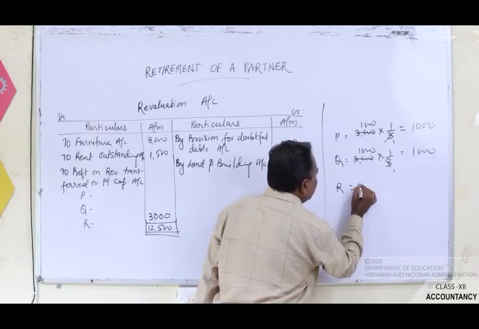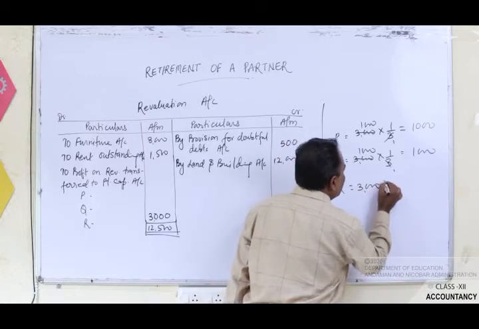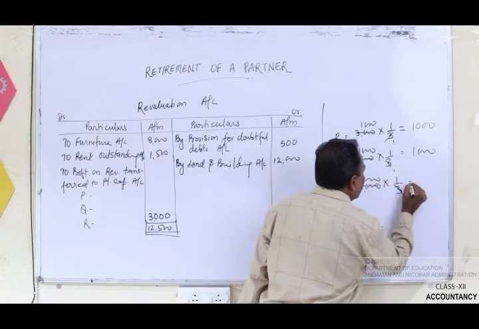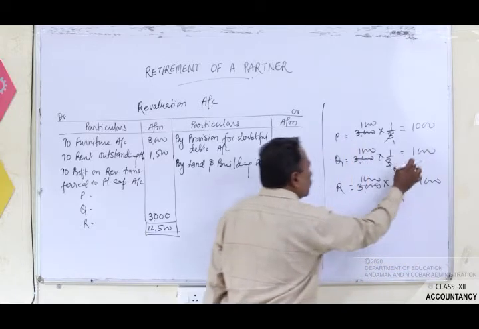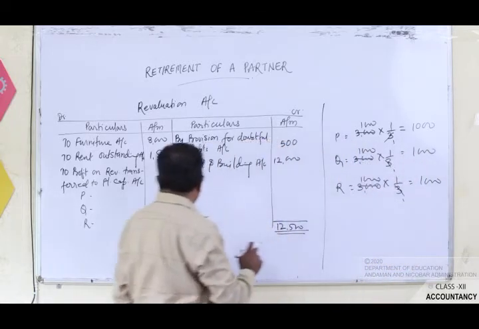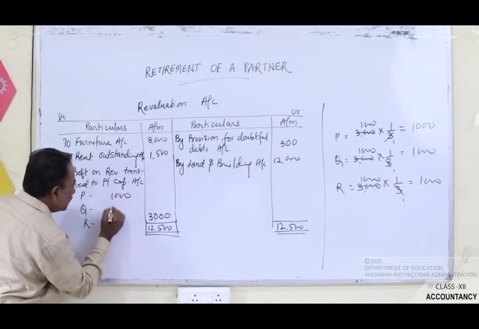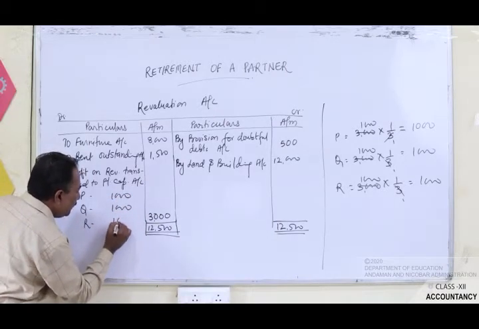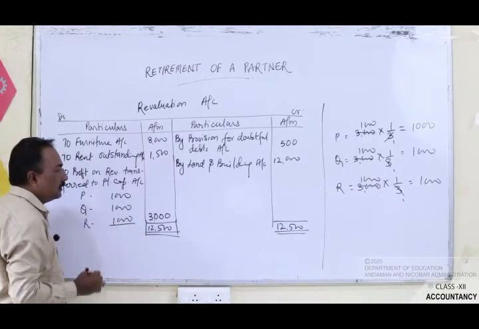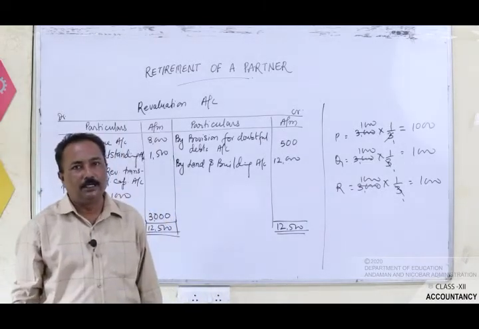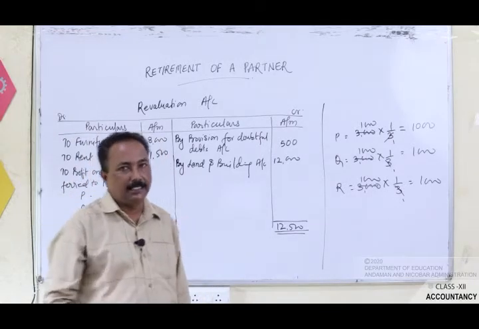R will also be the same, 3,000 into 1/3, he will also get rupees 1,000. So, each partner will get rupees 1,000. So, now we can write here as rupees 1,000, 1,000 and 1,000. Now, this is the way in which we will prepare the revaluation account. Students, if you want, you can take a screenshot of it.